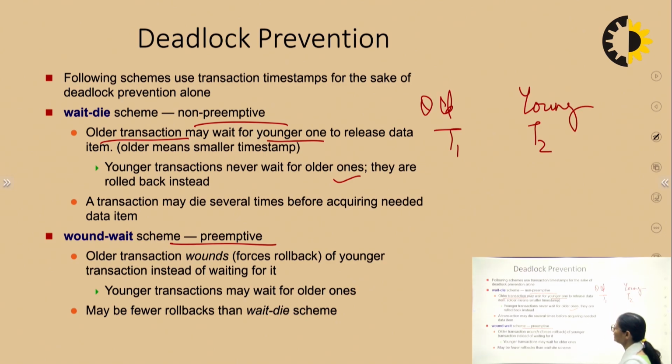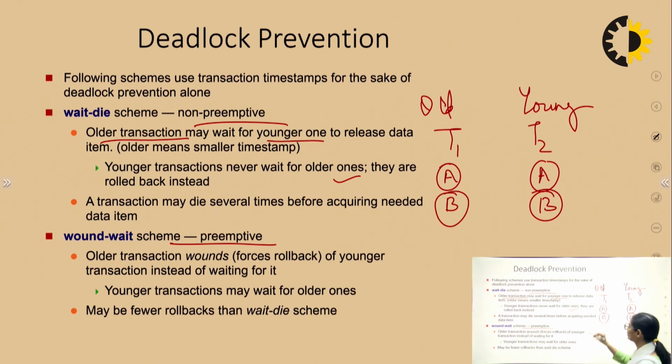So in this case, I am saying if T1 is working on A and T2 also wants to work on A, then we say that T2 may wait for T1. But if T2 has acquired or is using the data item B and T1 also wants to work on data item B, but it is not available instantly, then they may wait for the younger one to release the data item.